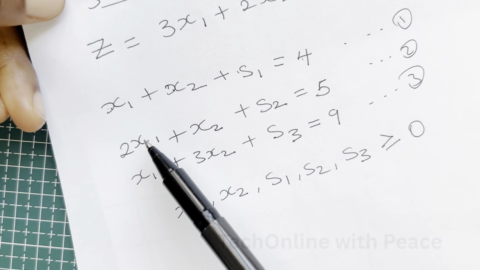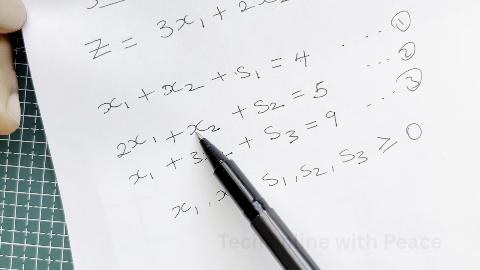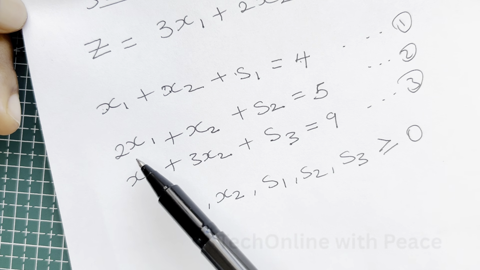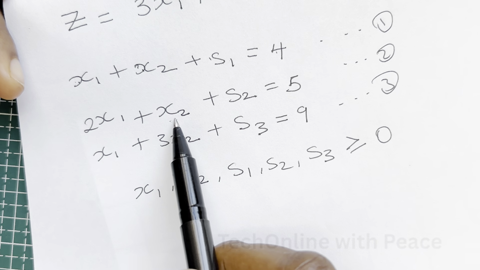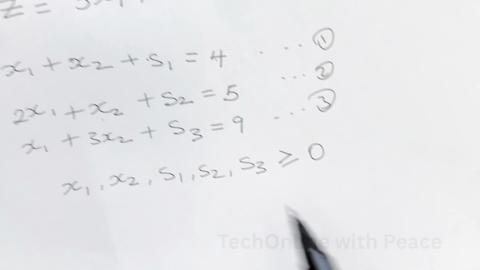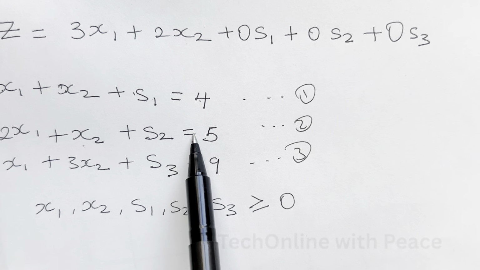For the second constraint, we have x1 with the coefficient of 2, x2 with the coefficient of 1, and s2 with the coefficient of 1. So we have 2, 1. We don't have any s1, so write 0. s2 is 1. There's no s3 for constraint 2, so represent that with 0.